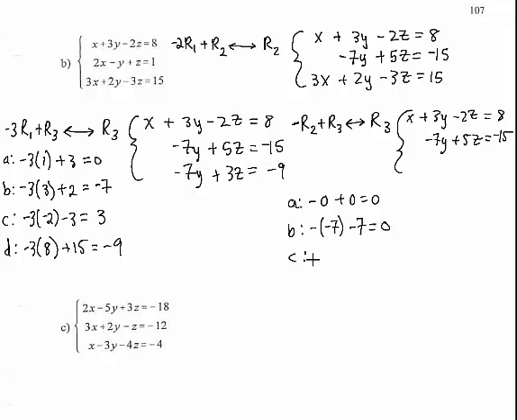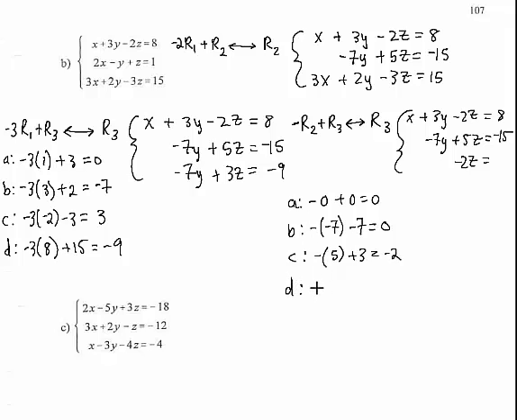C, the z coefficient: I have a negative 5 for row 2, and then I add row 3, which is a plus 3, and I get negative 2. And finally, what about D?